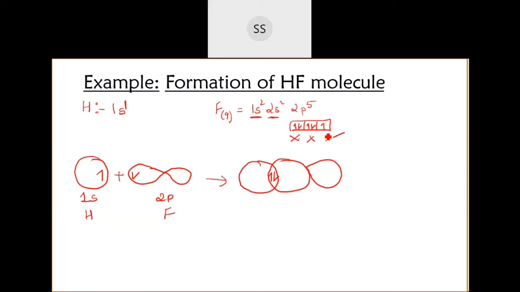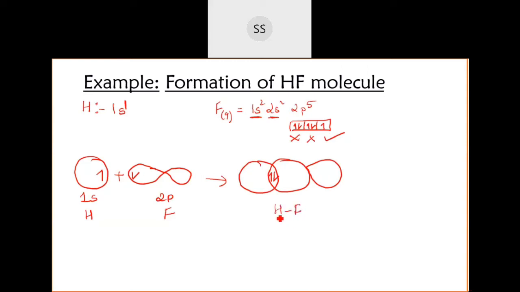So they get fused together on the axis. Axial overlapping. Just like two hands combining together, the overlapping can happen on the axis. That is how the overlapping happens, and it leads to formation of the HF molecule.